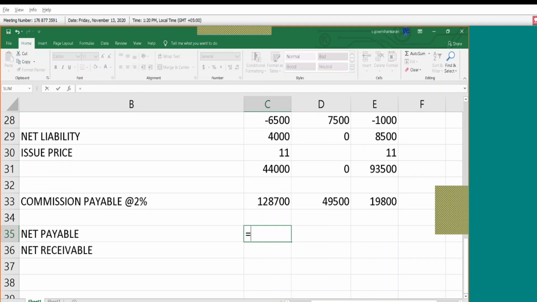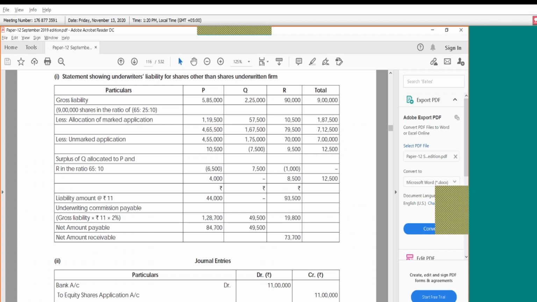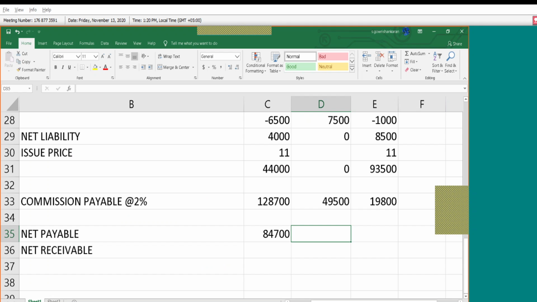In this case, the commission is greater than the amount to be collected, so we have to pay the difference. Here also the commission is greater than the amount receivable, so 49,500 directly.